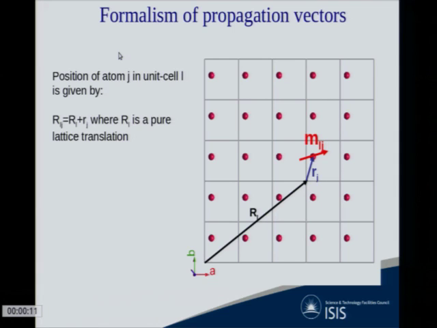And the atom in the unit cell translated by RL, the lattice translation, plus RJ, the fractional translation, will be labeled by these two indices, L and J. So L is the pure lattice translation, and J is the fractional translation in a unit cell. So you can label all of your spins in your system M_LJ like that.